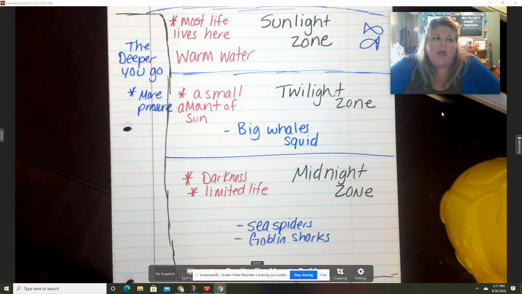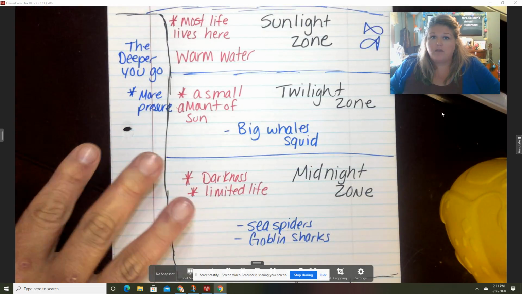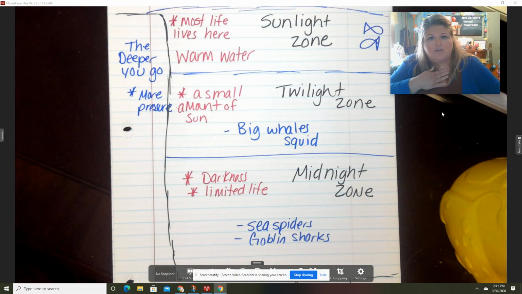If you think about how heavy a gallon of milk is, just 1 gallon, think about that in terms of a pool, how many gallons of water are in there and how heavy that would be. So when we talk about water pressure, we're really talking about how heavy water is. When you go into water and all that pressure is on you, your body can only take so much.